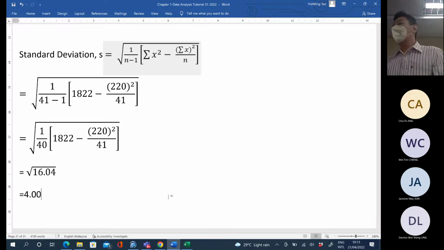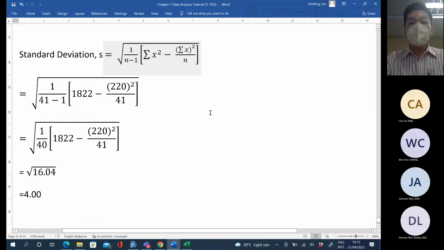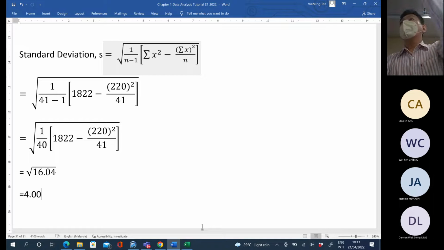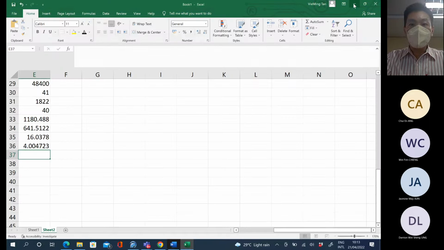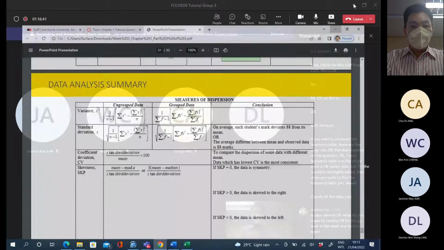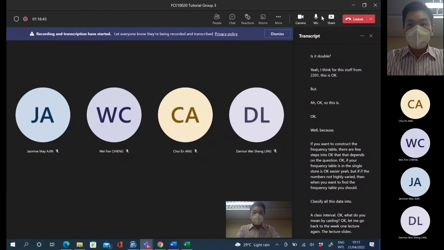If your frequency table is in single scores, it's easier. But if the numbers are highly varied, then when you want to form the frequency table, you should classify all this data into class intervals. What do you mean by class interval? Let me go back to the week 1 lecture slide.